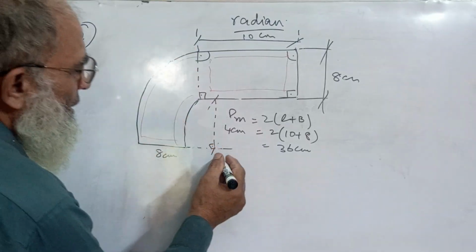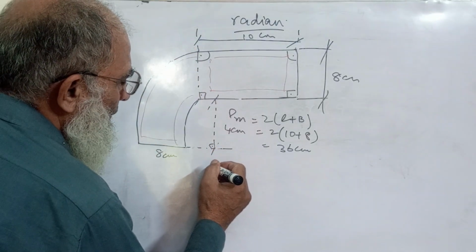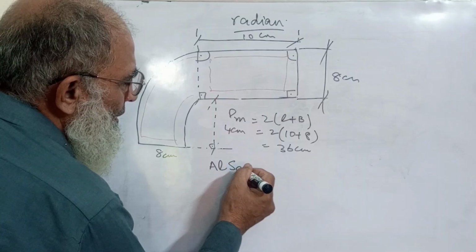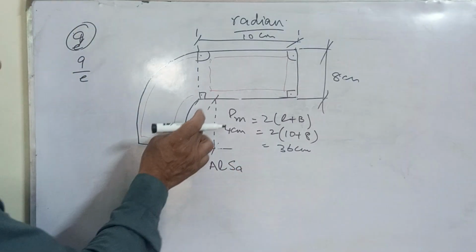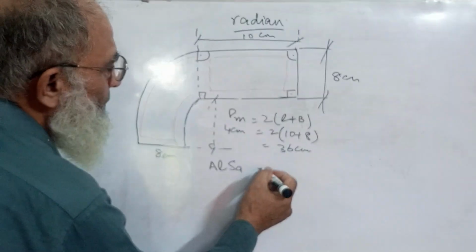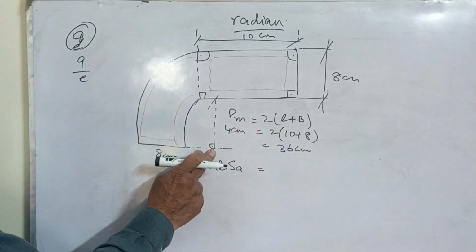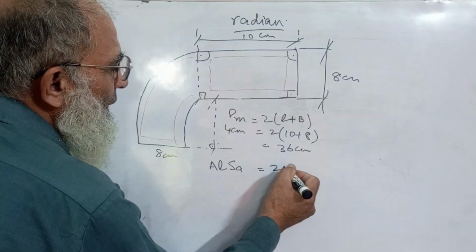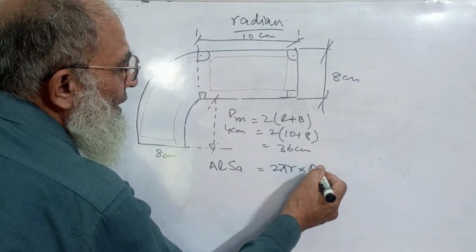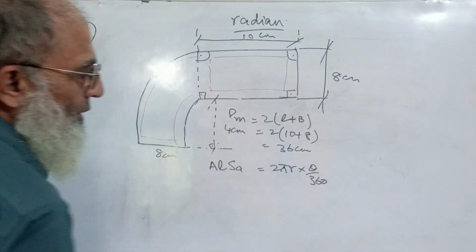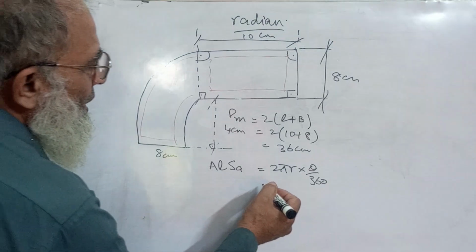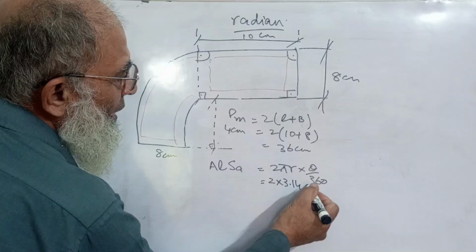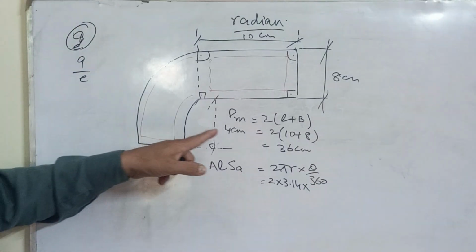Now the smaller arc, the arc length. See, this is the smaller arc with radius 4 and 90 degree. This is given 90 degree. So it will become 2 pi r multiplied by theta upon 360. So it will become 2 into 3.14 multiplied by radius 4, given.